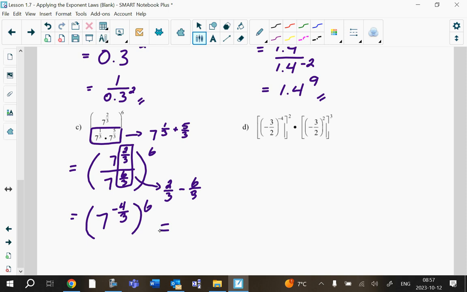Now, base stays the same. Notice the base always stays as 7. What do I got to do with these two? If I raise one power to another power, don't I have to multiply them? And 6 is the same as 6 over 1. So what is negative 4 over 3 times 6 over 1? Look at your fraction.